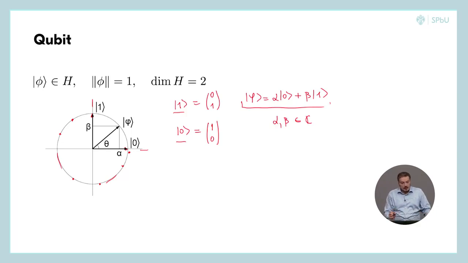So we can see that a qubit can have much more values than just an ordinary bit. Actually, it can have any of these infinite number of values.